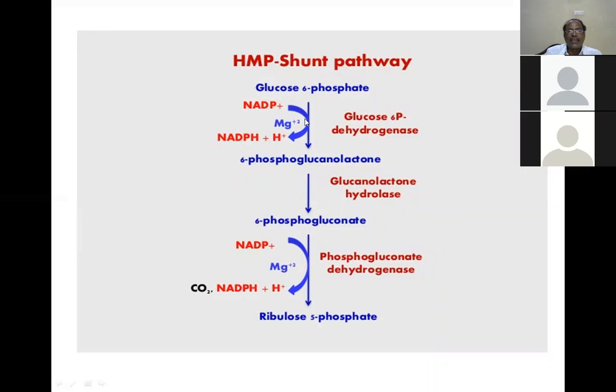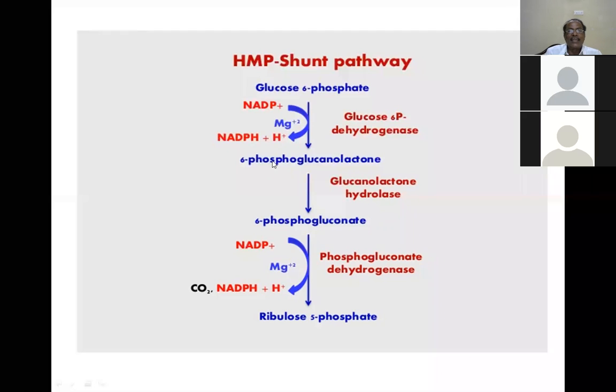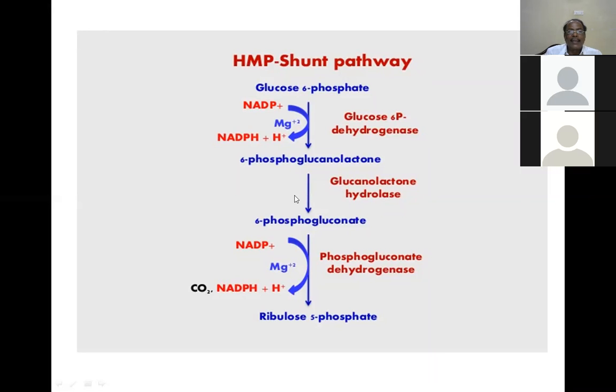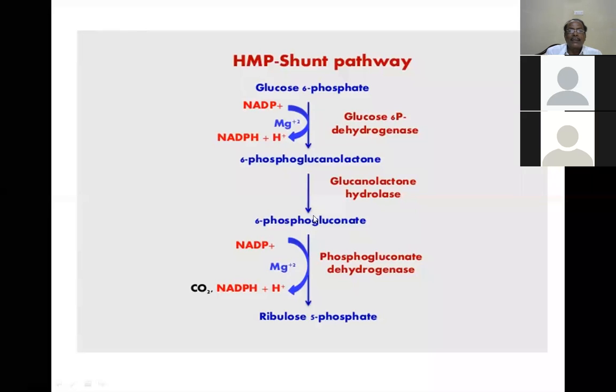What is the substance produced? 6-phosphogluconolactone. And now, with the participation of a molecule of water, which is not depicted here, and gluconolactone hydrolase, the 6-phosphogluconate is synthesized.